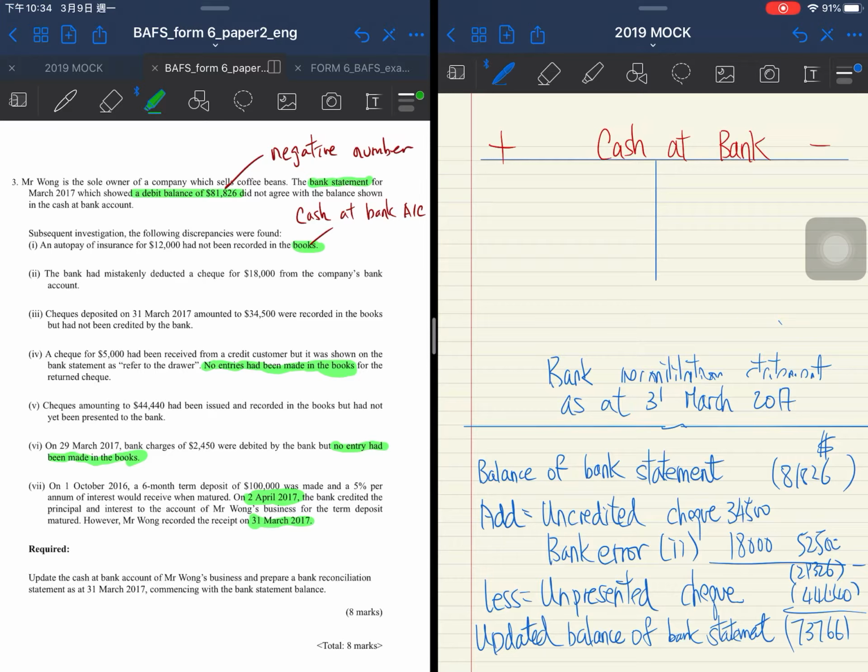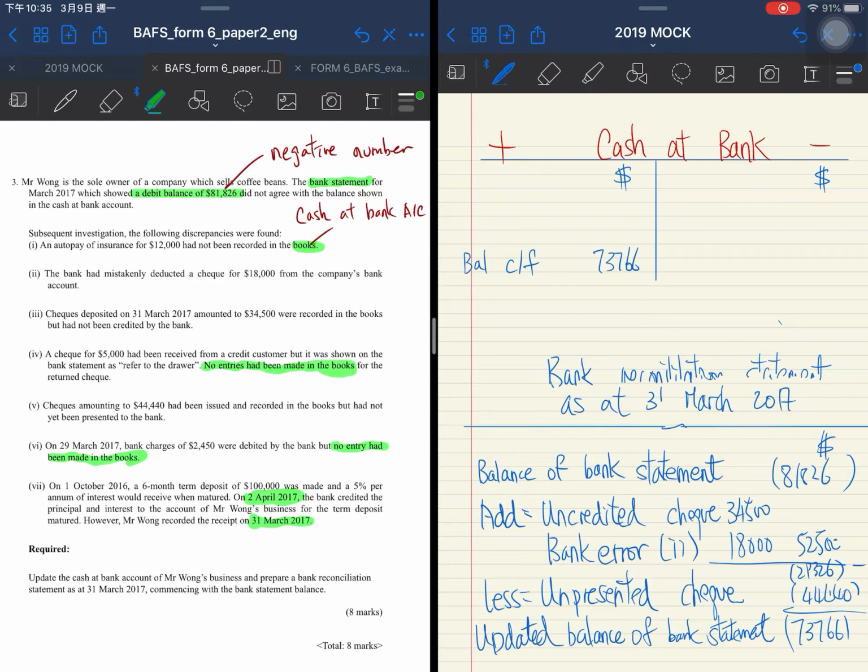And the updated balance becomes the balance carried forward of our cash at bank account. Because it's negative, usually we would have a debit balance, but this time we have to change it. So remember, this is a credit balance of our cash at bank account this time, because the updated balance is a negative number.